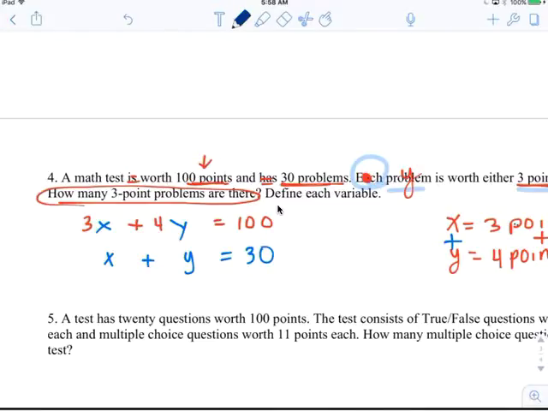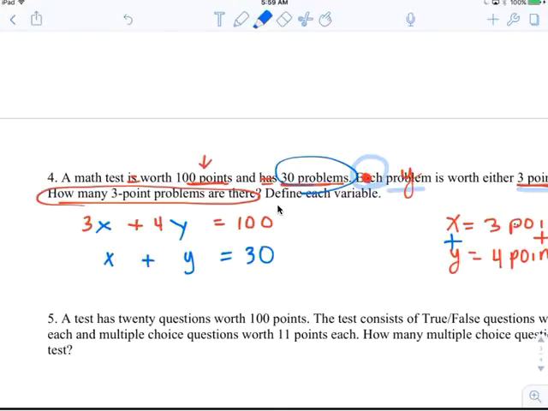Just like the penny problems, the dimes, the nickels, the coins all have to add up to so many. There's 30 problems total. So 3-point problems plus 4-point problems, x plus y, has to add up to 30.